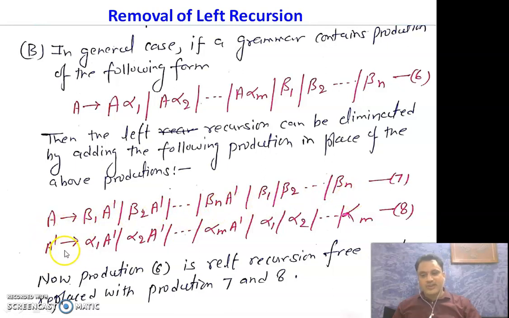Now A dash, the new non-terminal, derives alpha 1 A dash, alpha 2 A dash up to alpha m A dash, and alpha 1, alpha 2 up to alpha m, because in production 6 there were m alphas. Now production 6 has been rewritten in the form of 7 and 8, and these productions are free from left recursion. So this is how we can remove the left recursion.